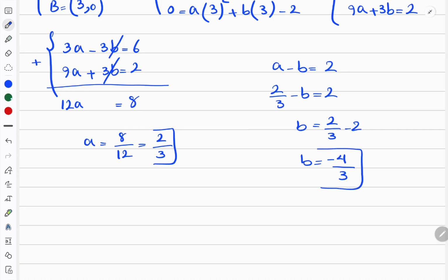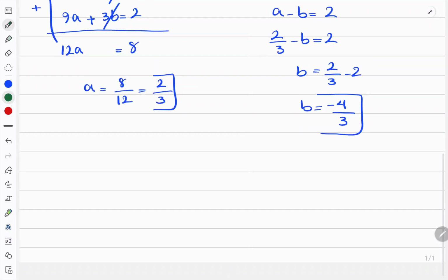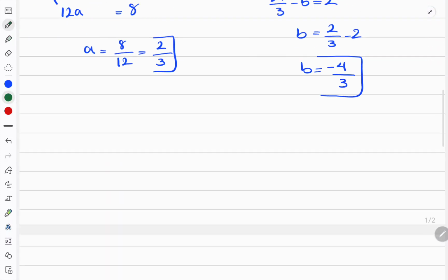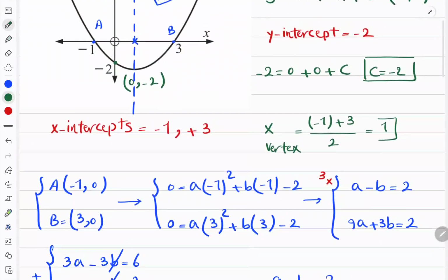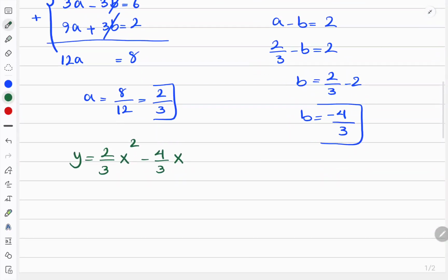So far so good. And the last step is to substitute a, b, and c into the original equation. So y is a x squared plus b x plus c, and c is -2.